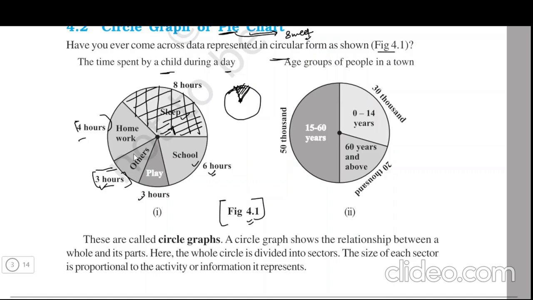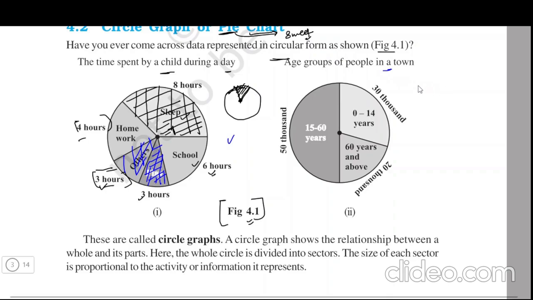The smaller areas are 3 hours and 3 hours, and they will both be equal. So the division of area is based on the number of hours. We will learn later how we divide the area of a circle from data. But at the basic level, you just understand that we can also represent data in circular form, known as a pie chart.